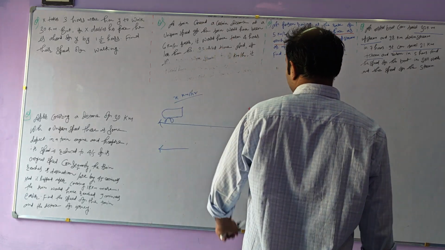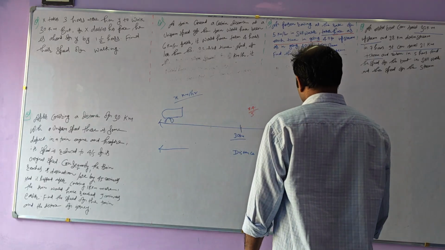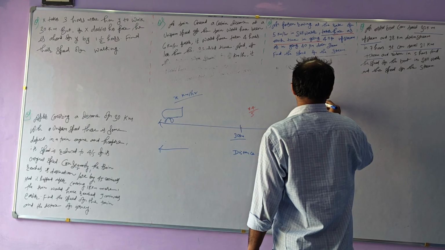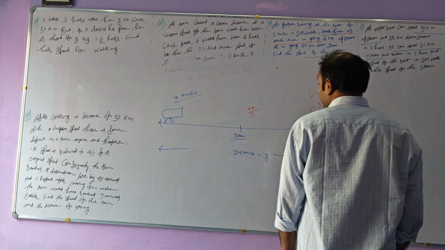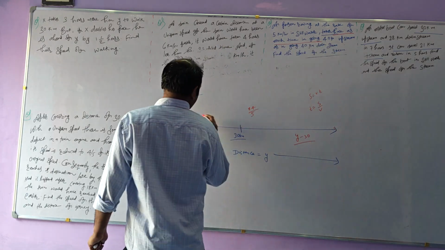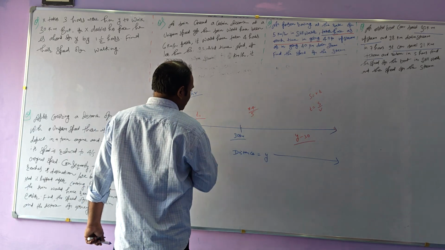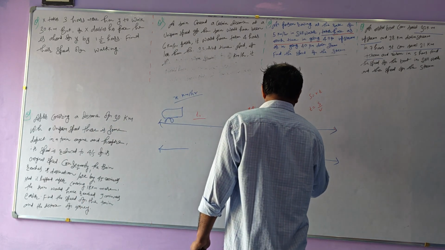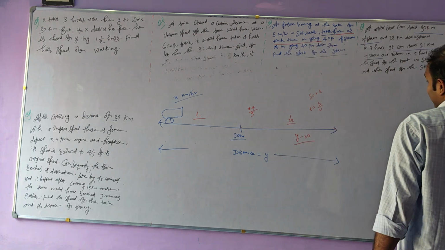Now the equation becomes: we know S is equal to Vt, so t is equal to S upon V. Suppose it takes T1 time to travel 30 kilometers and T2 time to travel the remaining y distance.